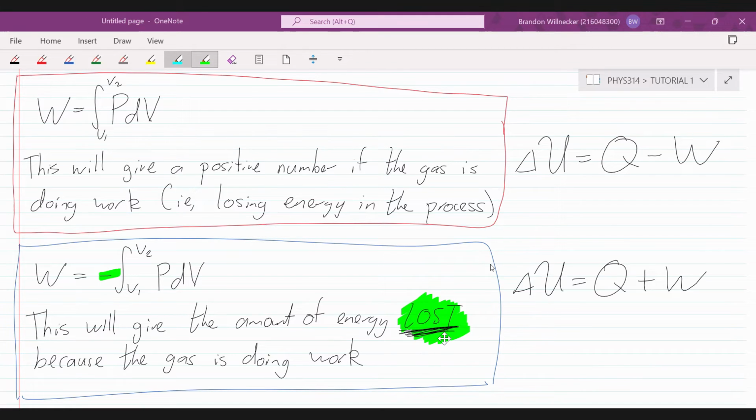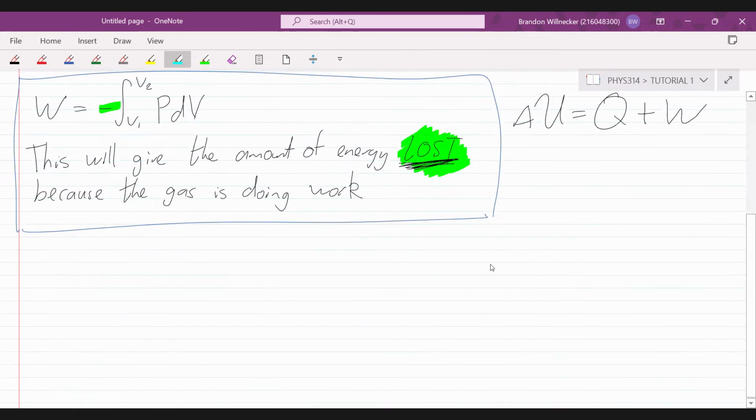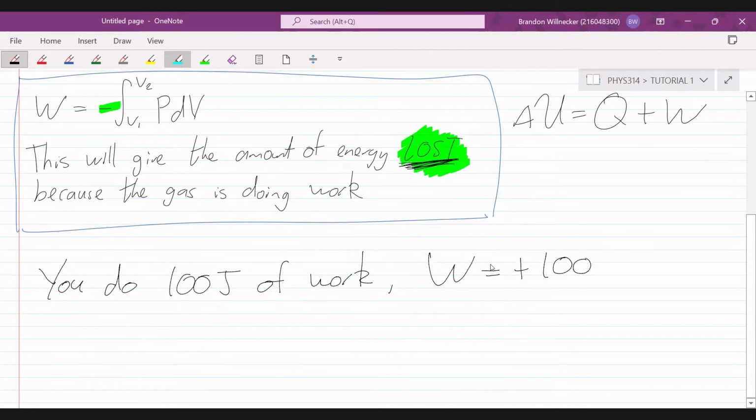So if I say you do 100 joules of work, that means your work done is plus 100 joules, right? You're doing the work. It's 100 joules that you've now lost.